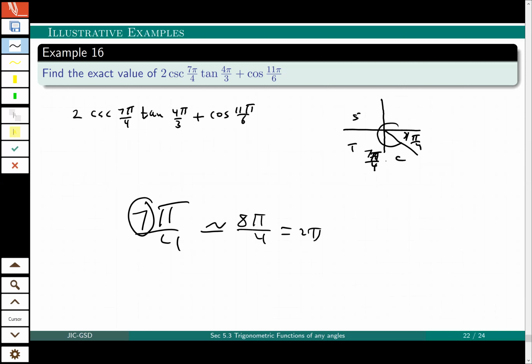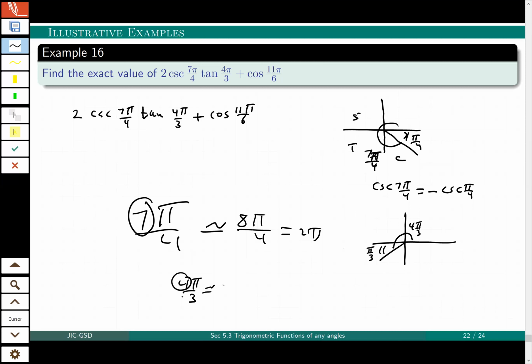By STC, cosecant 7 pi over 4 is negative because only cosine is positive, so negative cosecant pi over 4. Now 4 pi over 3. Look here, shabab. 4 pi over 3 is close to what? If this is 3 pi over 3, it will be pi, so it's more than that. This is 4 pi over 3.